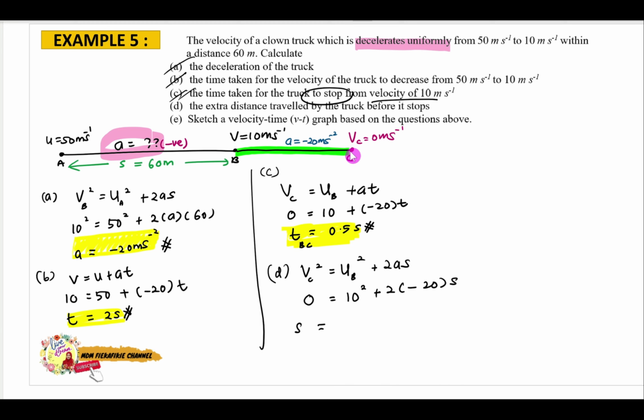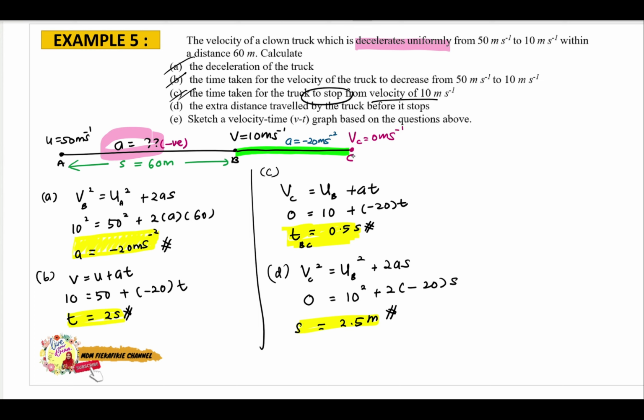So, daripada ini kita boleh nampak lah, from B to C, okay, the answer is 2.5 meter. Okay, 2.5 meter. Betul tak? Okay, so kita boleh kira lah kat situ. Okay, so kalau saya kira 10 squared, which is 100, divide 40. Okay, 2.5. Okay, so finish that one.